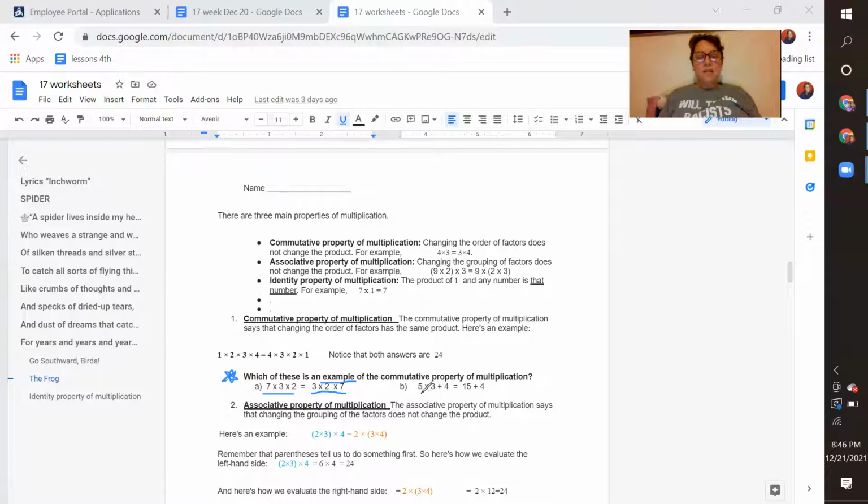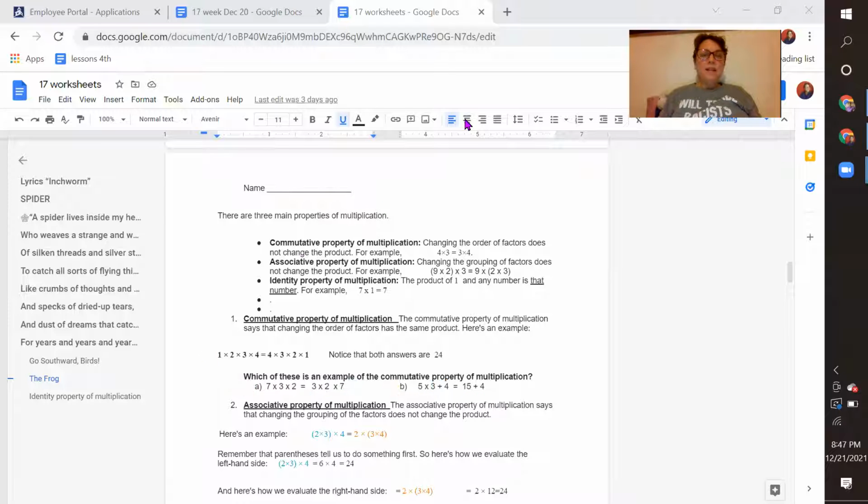Or is it B, 5 times 3 plus 4 equals 15 plus 4? Is that multiplication, right? What do you think? Is it A or B? Which one is more similar to this one?